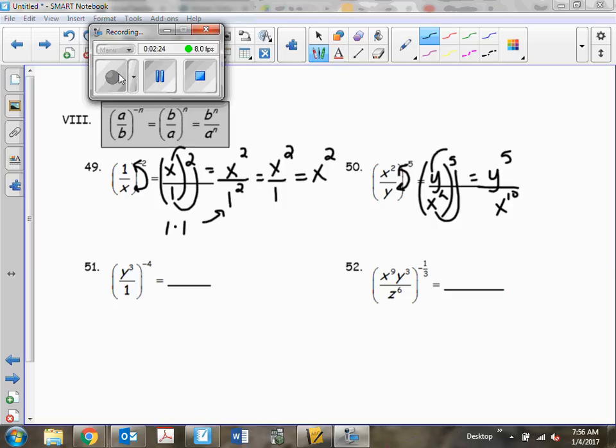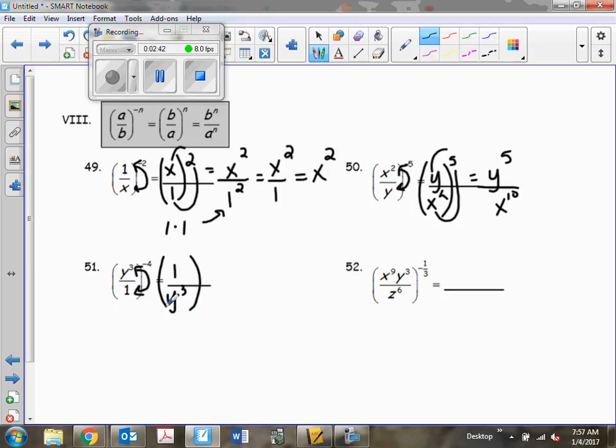So let's take a look at number 51. Again, we have y to the 3rd over 1, and then it's raised to that negative 4. We're going to go ahead and switcheroo that fraction. So I get 1 over y to the 3rd, and then raised to that positive 4, and then we would distribute that positive 4 to both that numerator and denominator.